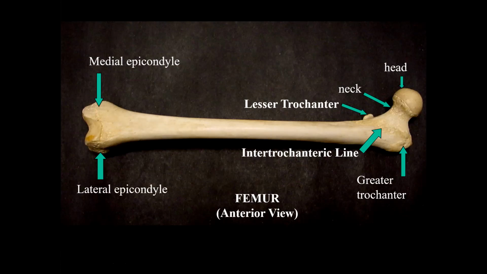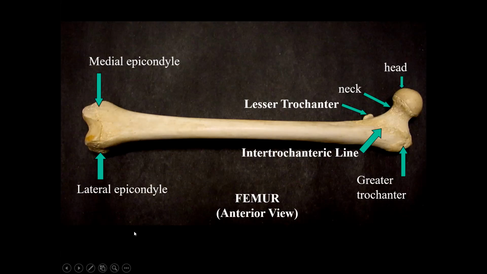I'll show you in a second. Medial epicondyle lines up with the head, so the bulge on this side of the femur is the medial epicondyle. That's the lateral epicondyle. Those are points of attachment for ligaments that help hold the tibia and the femur together. So you'll see that here in a second.